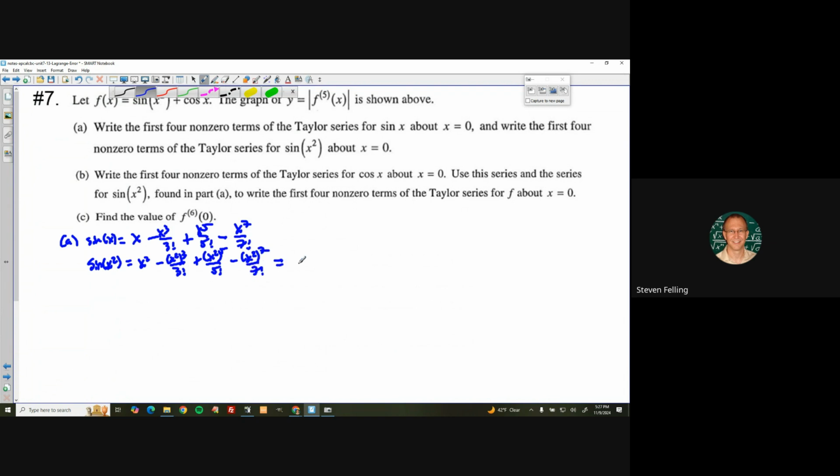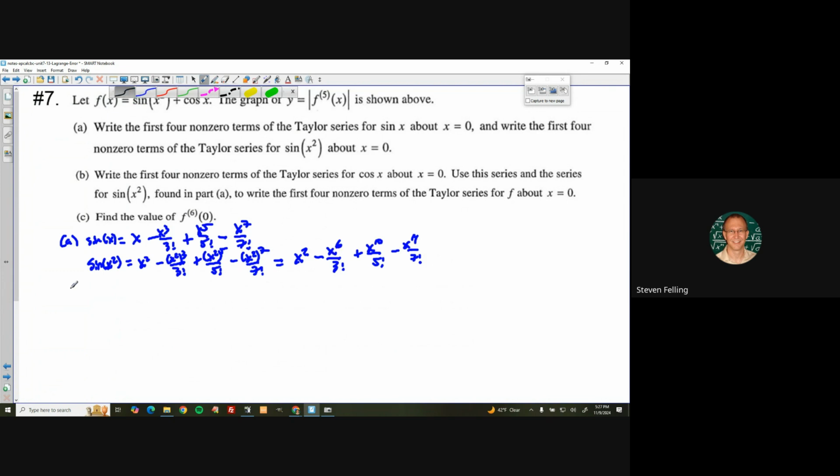And I'm going to simplify this. This is x squared, minus x to the 6th over 3 factorial, plus x to the 10th over 5 factorial, minus x to the 14th over 7 factorial. So that's part A. Just being able to recall those, super quick, right?